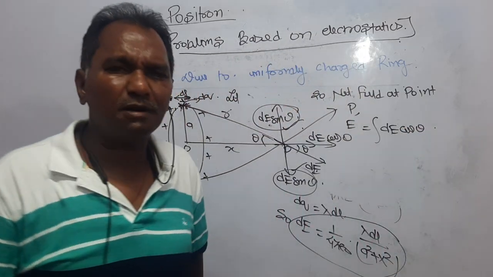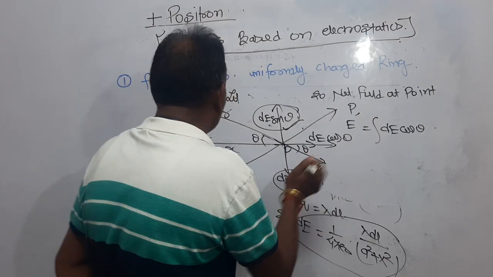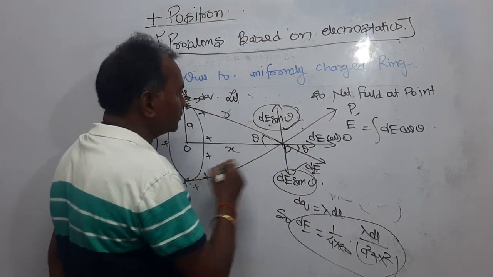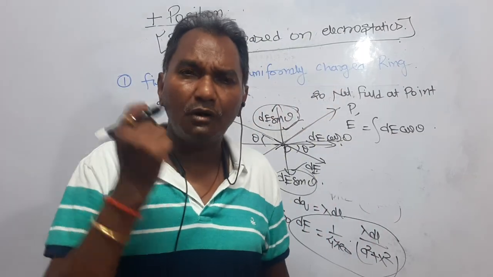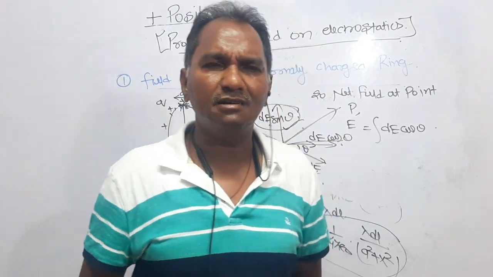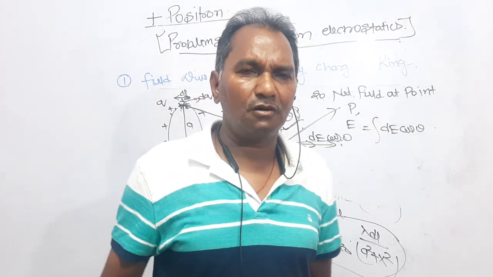Now, dear students, sometimes people ask me, you might be confused that it is dE cos theta due to this component and dE cos theta due to this component, so it becomes 2 dE cos theta. Why do we write integral dE cos theta? Actually, 2 dE cos theta is just wrong.